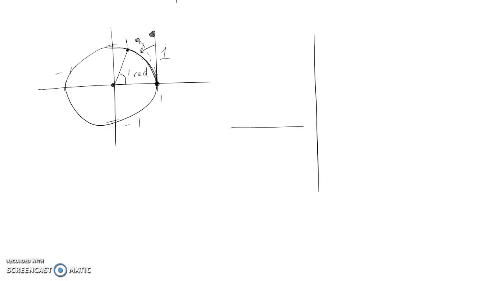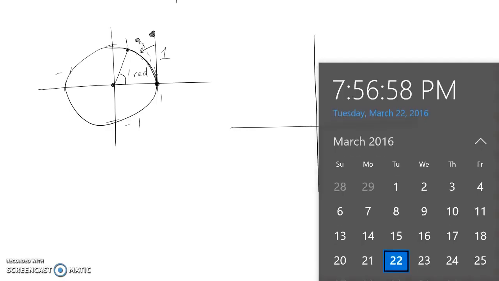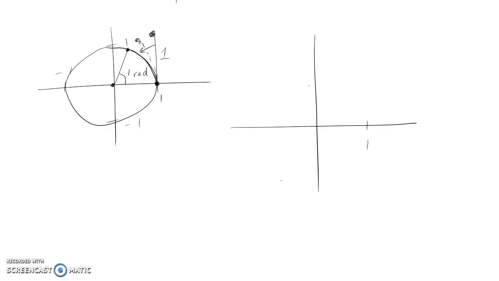I'm going to choose the length and call it theta. Here's my unit circle, and this is an arbitrary length. I'm just going to make it about that long, and we're going to call its length theta instead of 1.